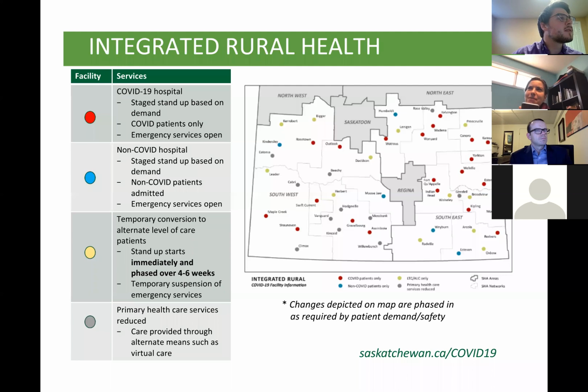Yeah, I would love to know that myself. Certainly the modeling data is based on some assumptions about the R-naught value, so how many people each case of COVID-19 might infect.